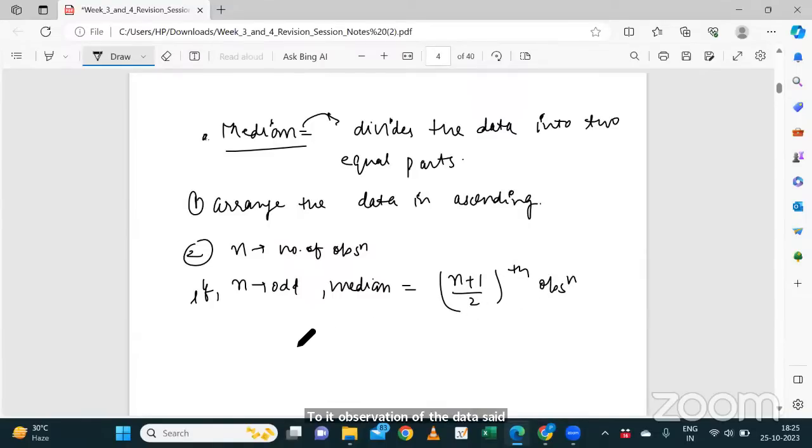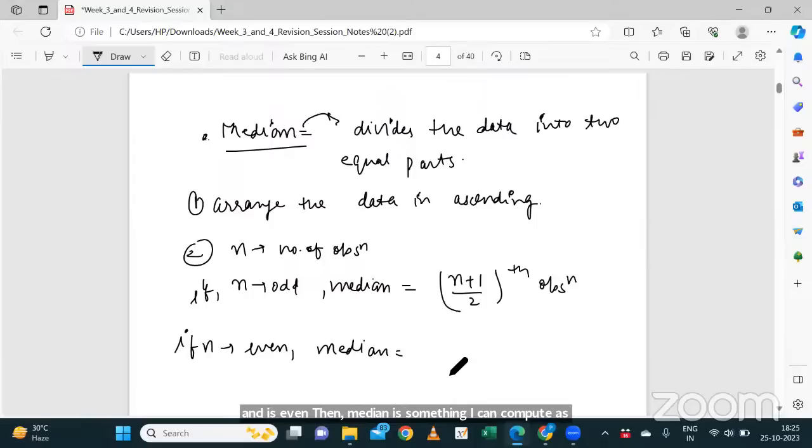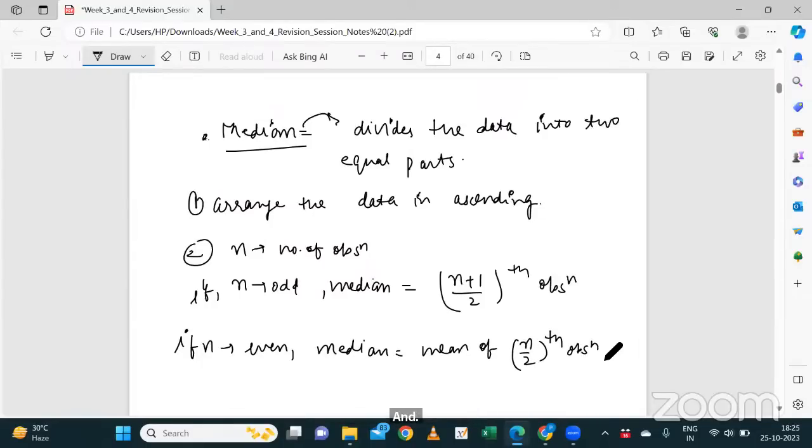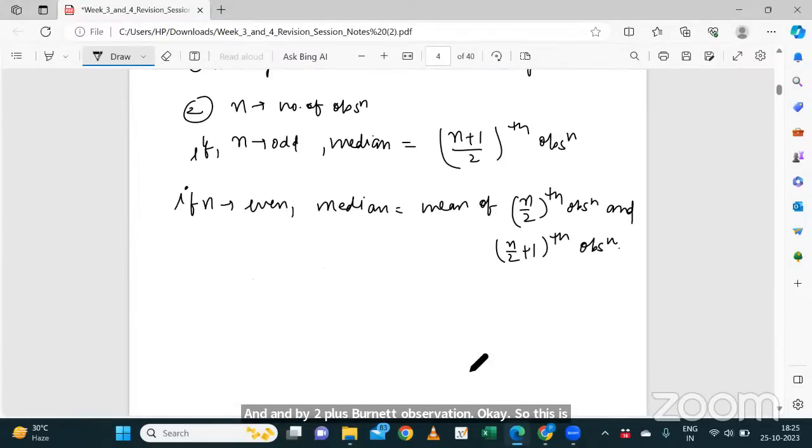If n is even, then the median is the average of the middle observations in the ordered list. Basically, I have to compute the mean of the n by 2th observation and the n by 2 plus 1th observation. So this is what we do in the case of median.